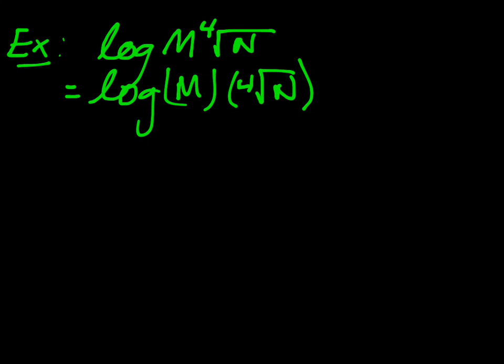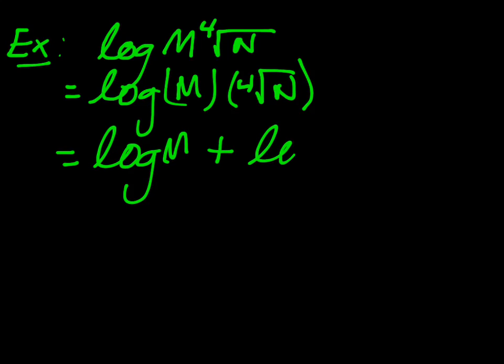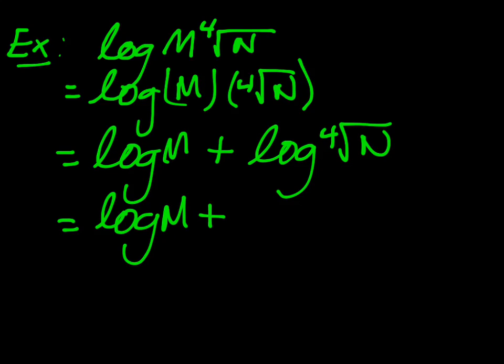We're multiplying two things here, so we use our first rule: if we're multiplying inside a log, then we add logs. So it looks like this: log of m plus log of the 4th root of n. We know the 4th root of n is n to the 1 over 4, so I'll rewrite it like that: log of m plus log of n to the 1 over 4.